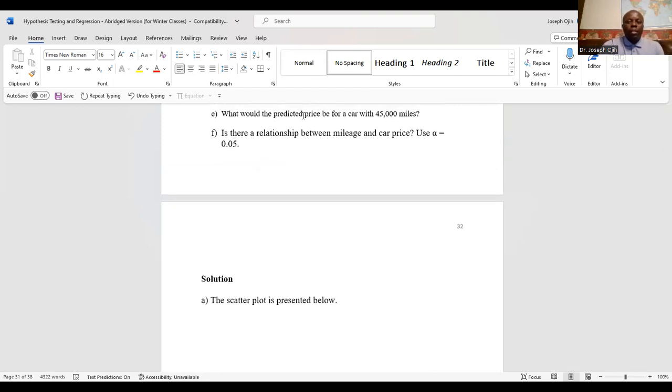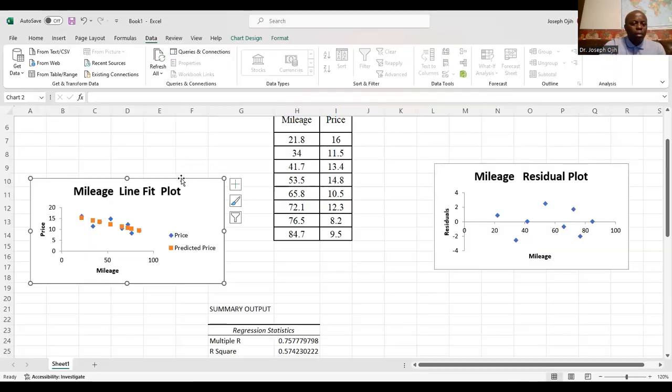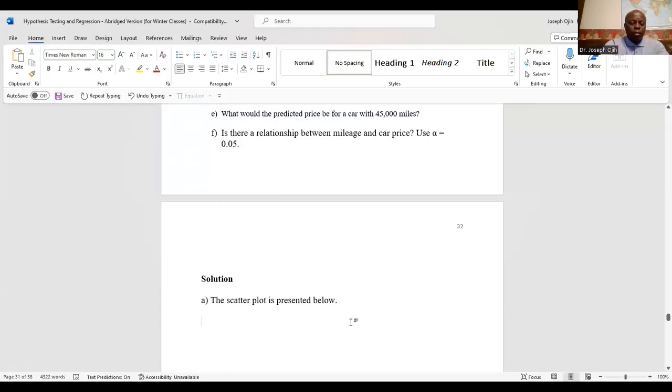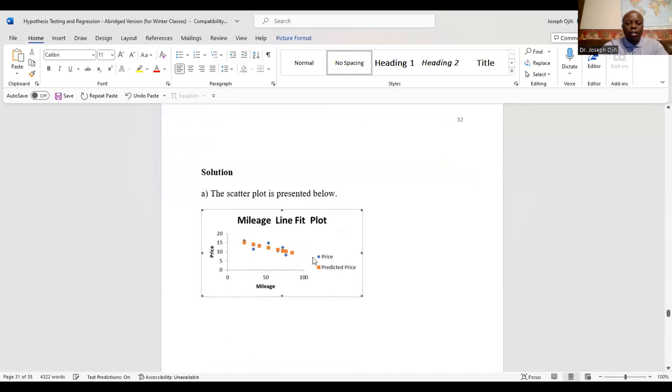So I will now pick up the scatter plot from here. Where is it? Right here. Copy it with Control C, and then go and paste it in our workbook with Control V. And see the scatter plot right here.